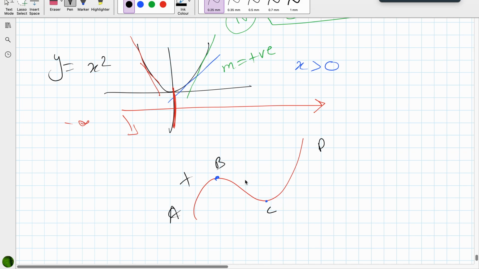From B to C the function is decreasing. From C to D the function is again increasing. Wherever you draw the tangent from A to B, you will get a positive value. From B to C, you'll get a negative value of the tangent. From C to D, again a positive value. So increasing functions are those whose gradient is positive.